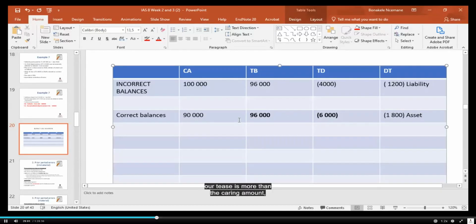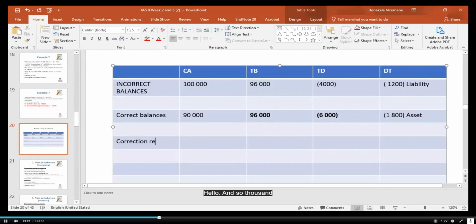When our tax base is more than the carrying amount, it is an asset, but it was a liability when our tax base was less than the carrying amount. And now, what is the difference? The difference is also what has to be corrected. So the difference is the correction.